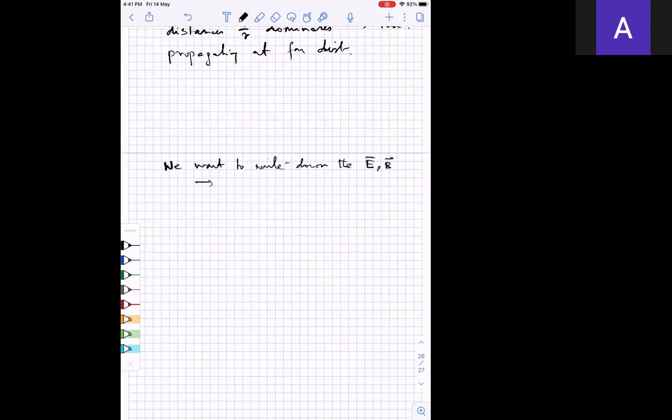So we need the R at this retarded time, T retarded. So the particle has velocity u, which is basically R dot at T retarded, and acceleration, which is R double dot.